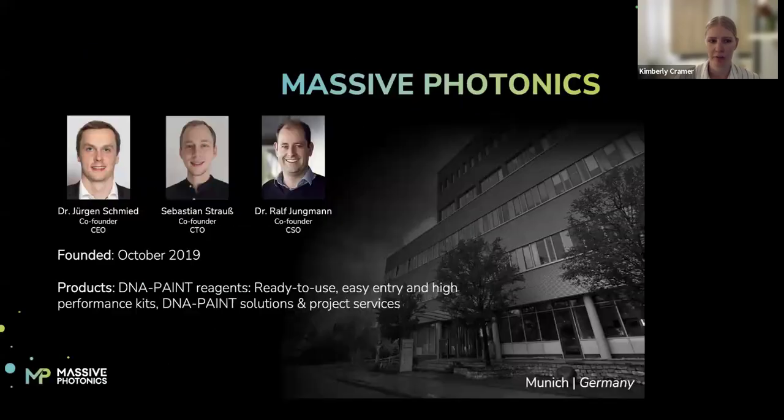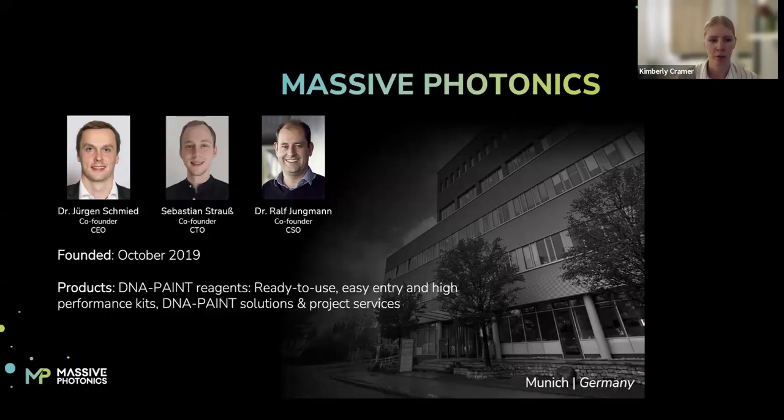So first, I'll tell you a tiny bit about Massive Photonics. Massive Photonics is a company based in Munich, Germany, and this company was a spin-off from the Ralph Jungmann lab. Ralph Jungmann is a pioneer in DNA paint development and technology. He, along with Sebastian Strauss and Jürgen Schmid, founded Massive Photonics in 2019.